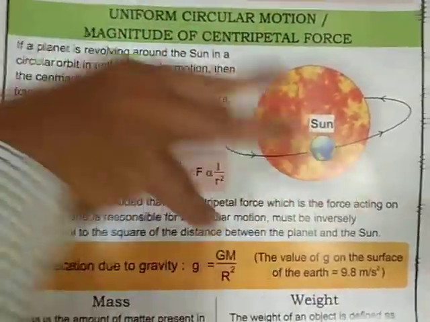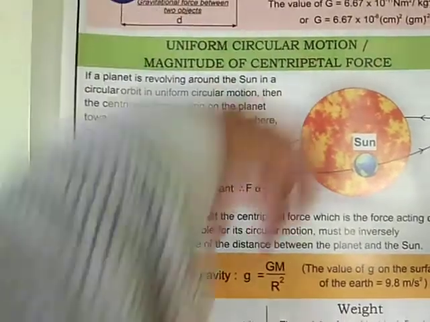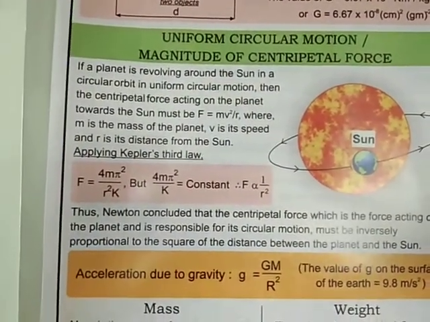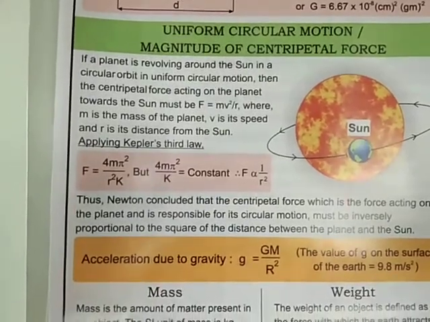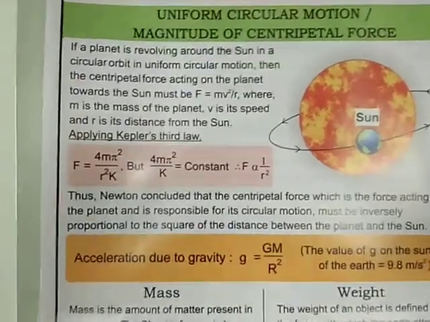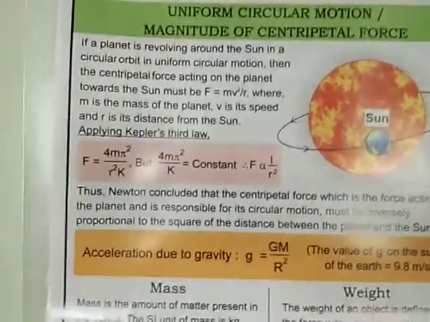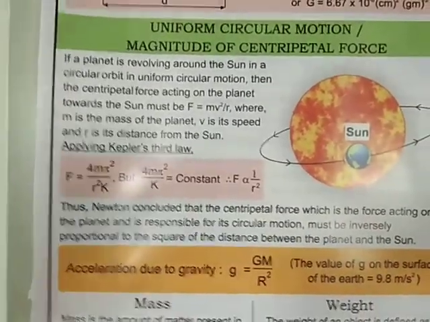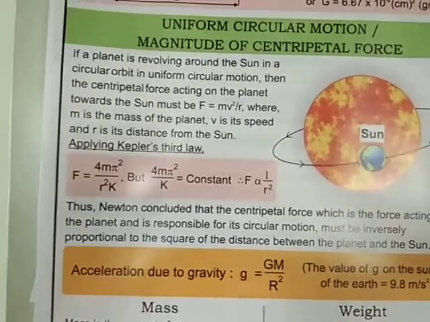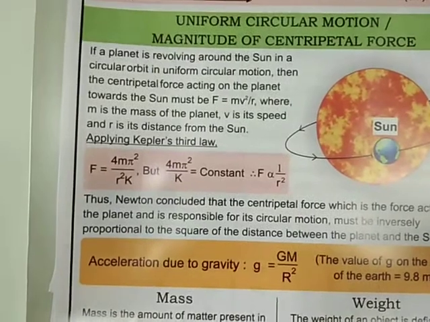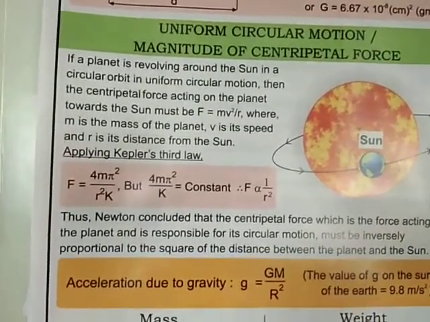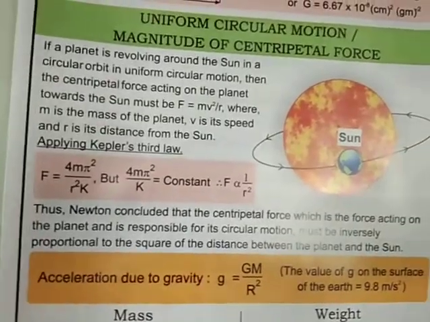So the centripetal force acting on the earth toward the sun must be F is equal to m v square divided by r. That is the formula for centripetal force, where m is the mass of the planet, v is the speed, and r is the distance from the sun. Applying Kepler's third law, F is equal to 4 m pi square divided by r square k, but 4 m pi square divided by k is a constant.